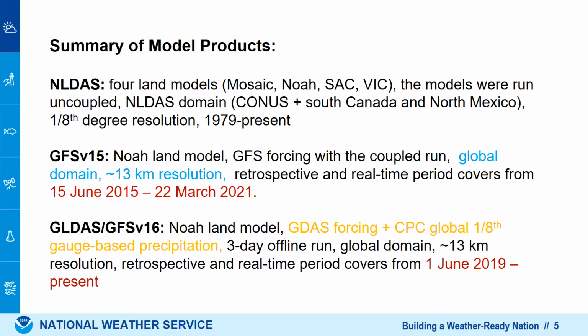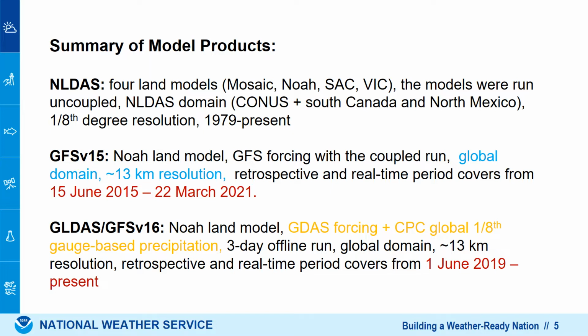The period covers from 1979 to present. The GFS V15 runs the Noah model in coupled mode, global domain, 13 km resolution. The data period covers from June 2015 to March 2021.